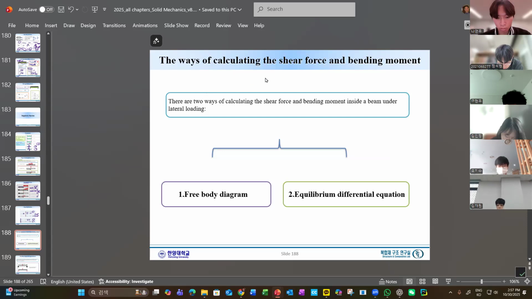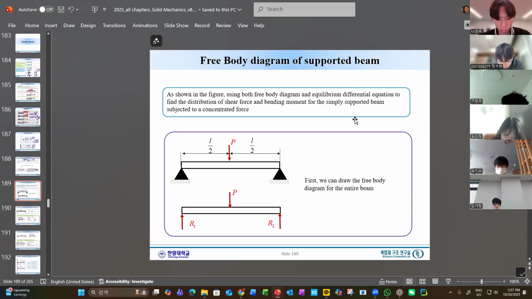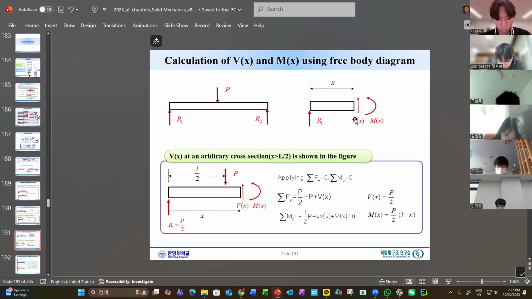The way of calculating shear force and bending moment is that once we have solved EI and q(x) and V, then with the equilibrium equations, the differential equations, we can get all the procedures.